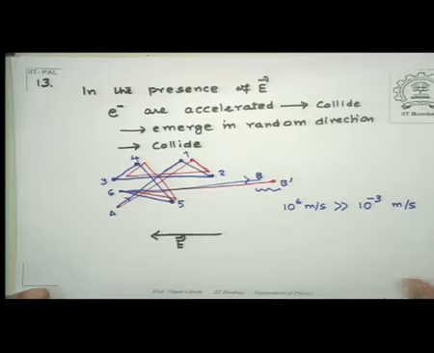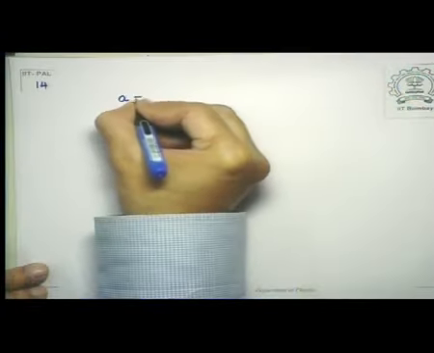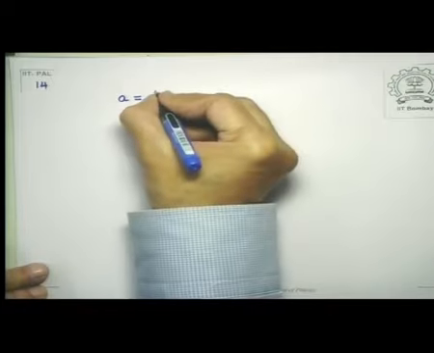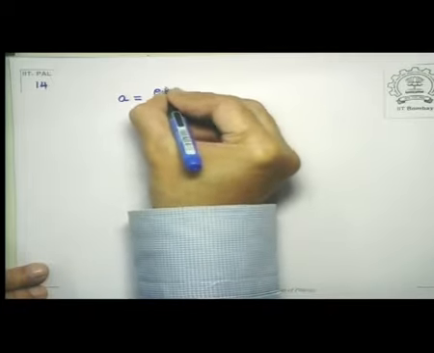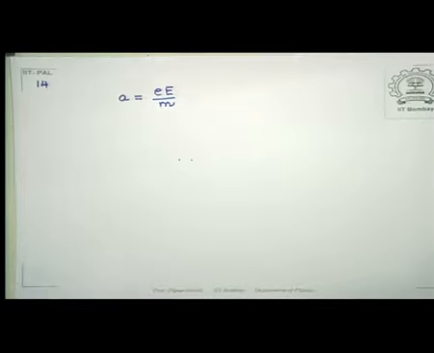Now let us look at what exactly is the dynamics a little more quantitatively. You notice that in the presence of an electric field, the acceleration of the electron, of course the direction we know is opposite, is given by E over m, where the mass of the electron is m.